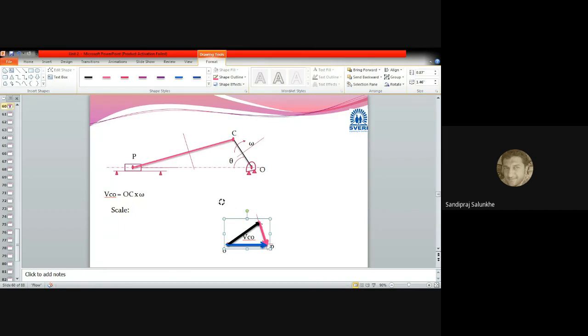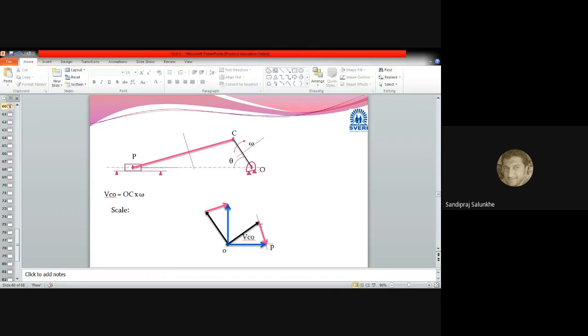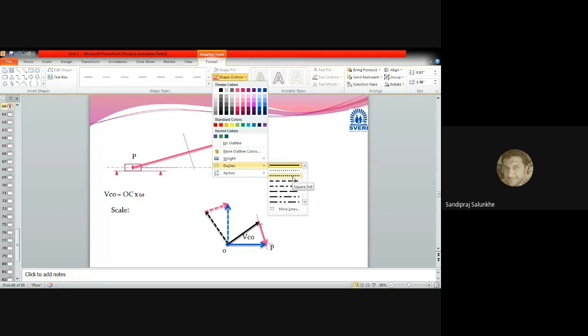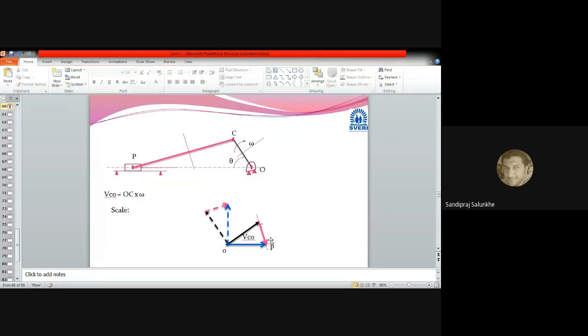Now what we'll do, we'll rotate this diagram by 90 degrees. If you rotate this diagram by 90 degrees, this blue part will be exactly perpendicular, right? So I will make all these things dotted lines.